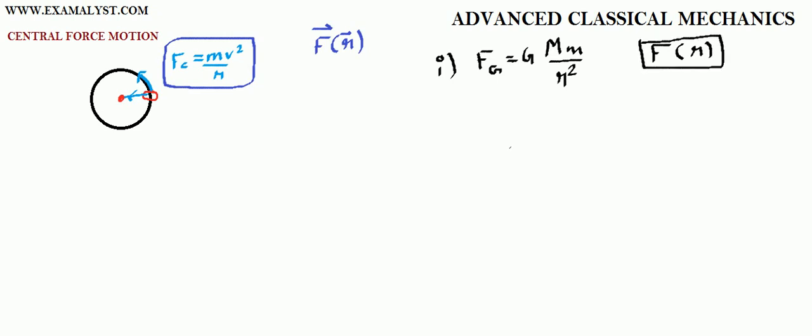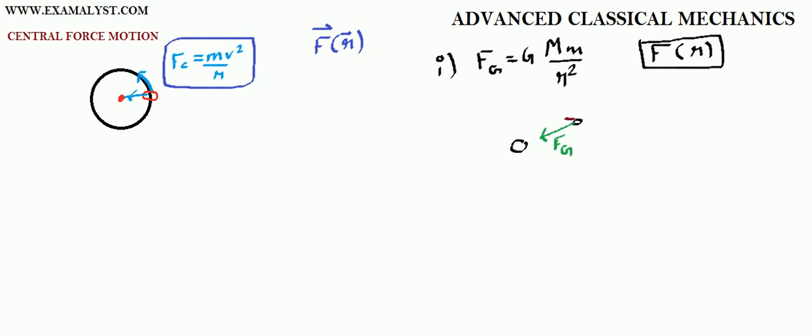Let me give an example. You have the sun and you have the earth. The sun attracts the earth towards itself with a force of gravity, and this force of gravity acts like the centripetal force. And we know that the centripetal force keeps the object on a closed path.